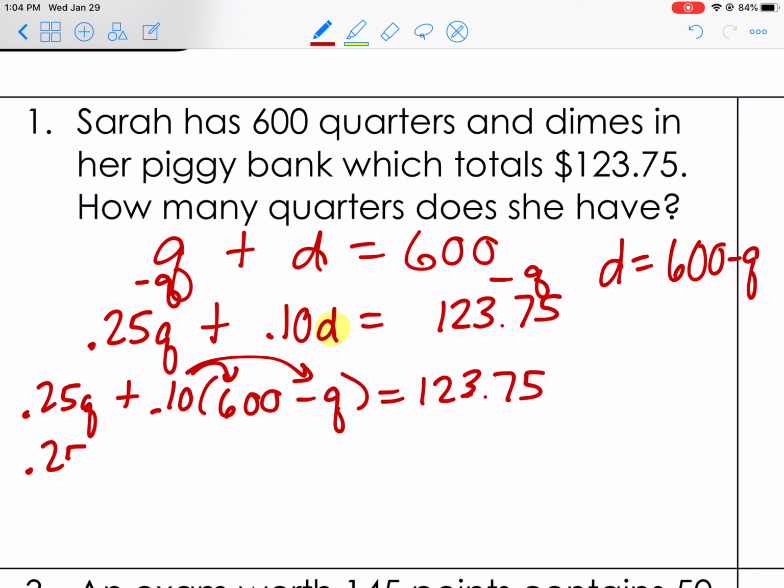So we have 0.25Q plus 60 minus 0.10Q equals 123.75. Okay, so then we can combine like terms and subtract 60 from both sides. So see if you can take it from there to find out how many quarters.